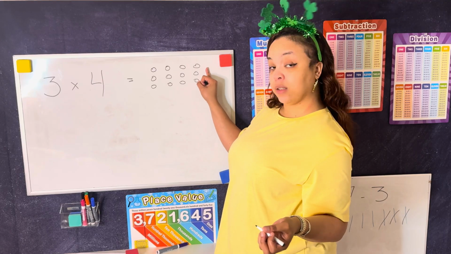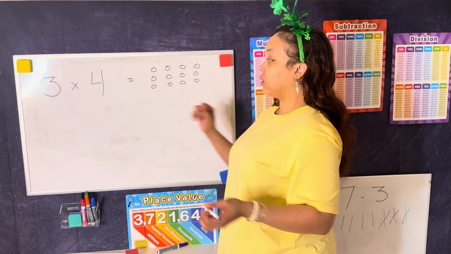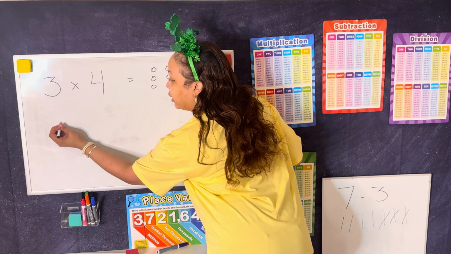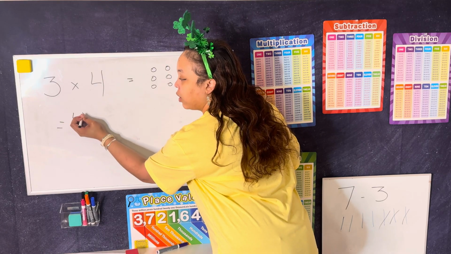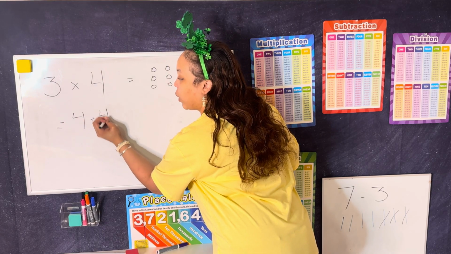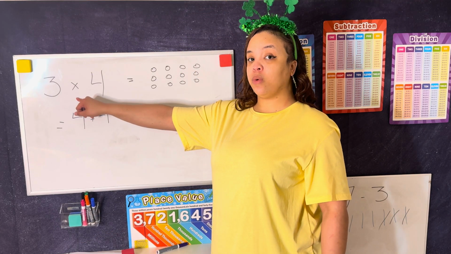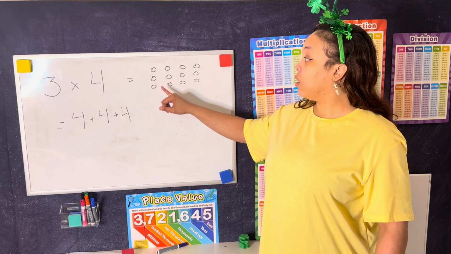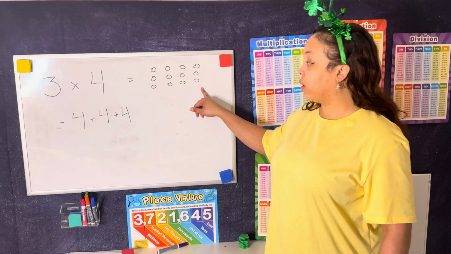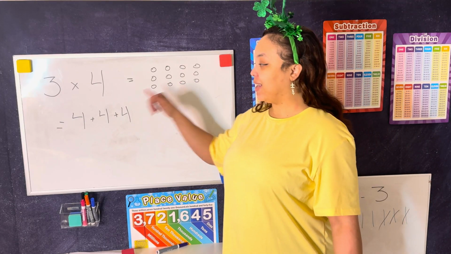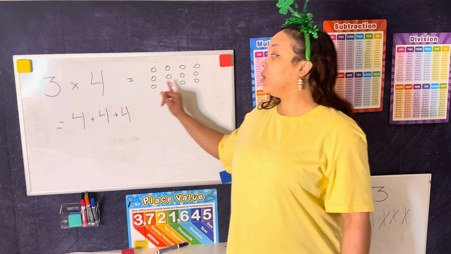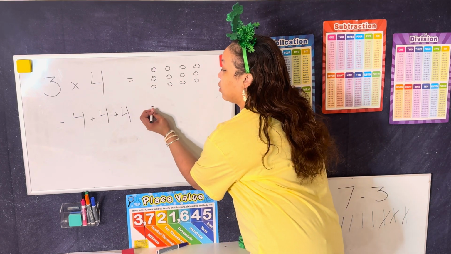This is an array, it's a visual of this. Another way to look at it, 4 plus 4 plus 4. 3 times 4 is the same as 3 groups of 4, it's the same as 4 plus 4 plus 4, which equals 12.